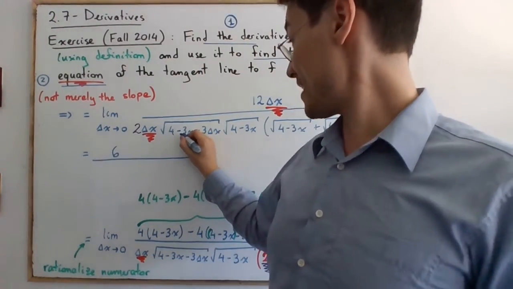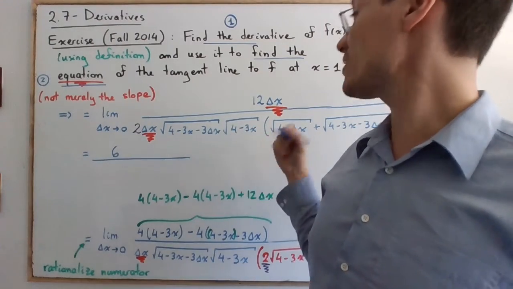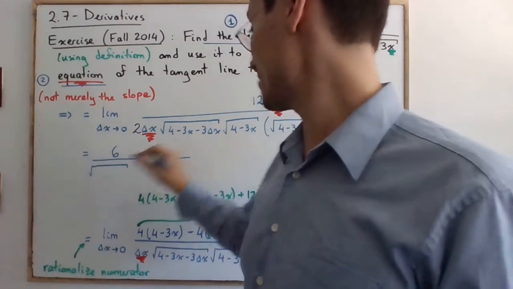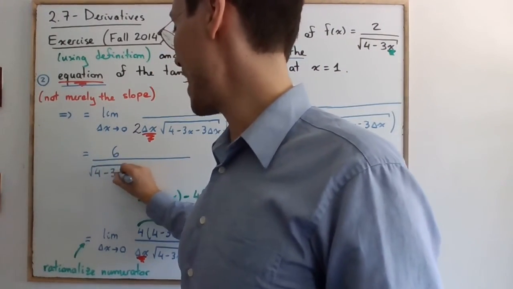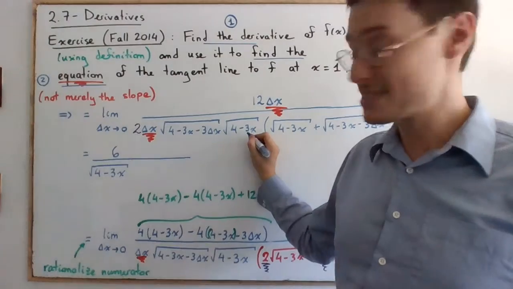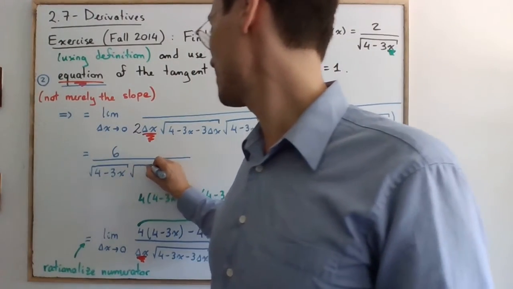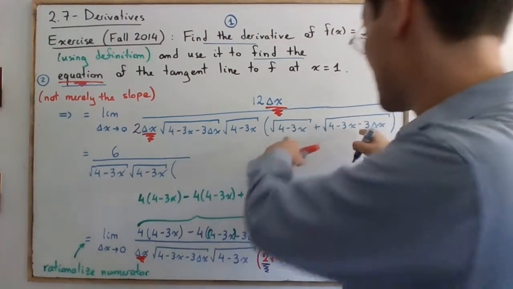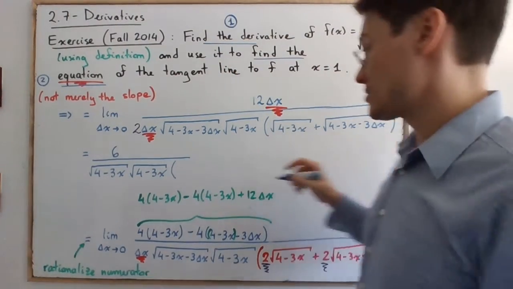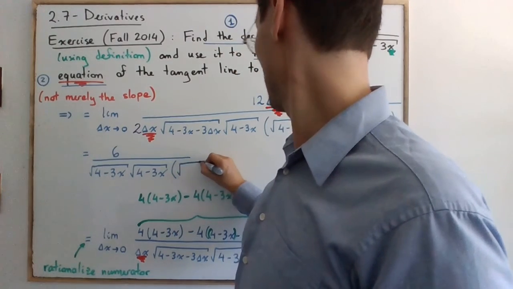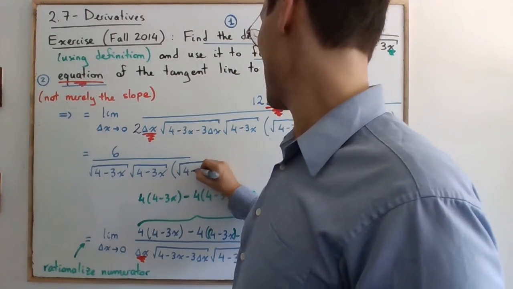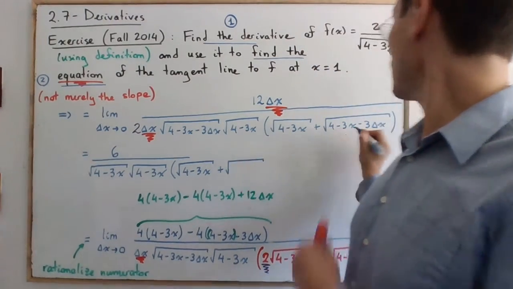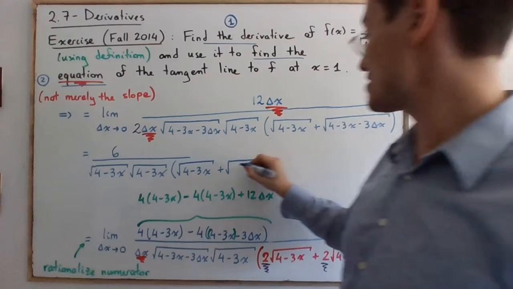So this and this will actually pair up. Oh wait, I won't do the pairing yet. So this turns into 4 minus 3x. This stays, the square root of 4 minus 3x. And now have a look at this. What I have here is square root of 4 minus 3x plus, and this turns into another one. Because this is approaching 0, right?